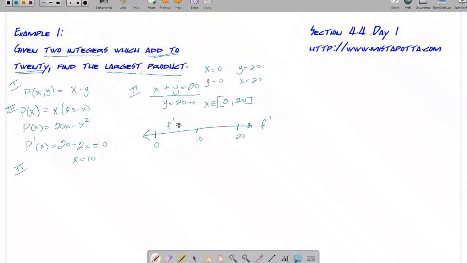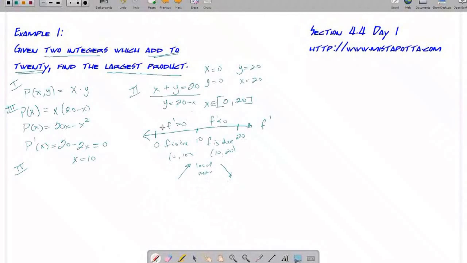So my derivative is positive, which means that f is increasing from 0 to 10. Similarly, if I choose another number like 15, I get 20 minus 30, which is negative 10. So my derivative is negative, so that means that f is decreasing from 10 to 20. Because I'm going from increasing to decreasing, I know that I've got a local max.